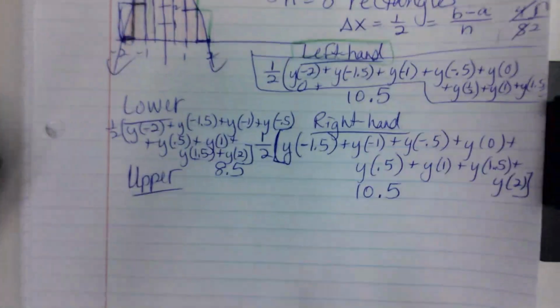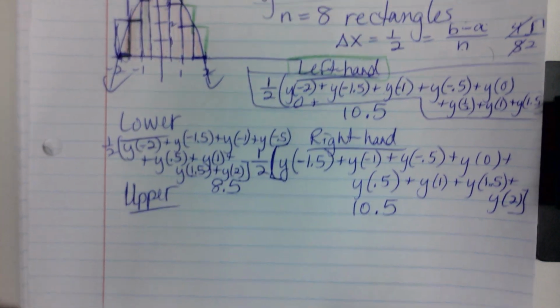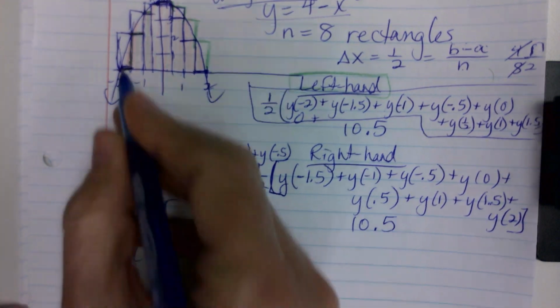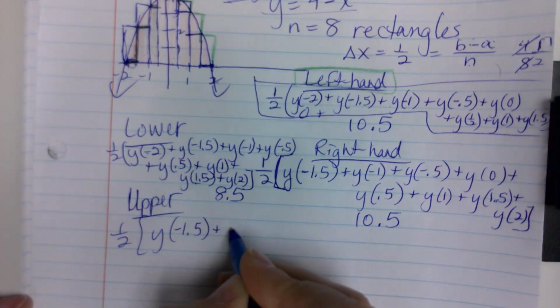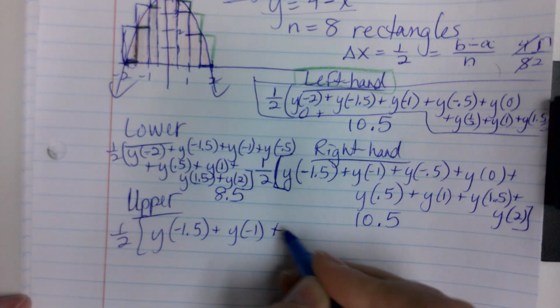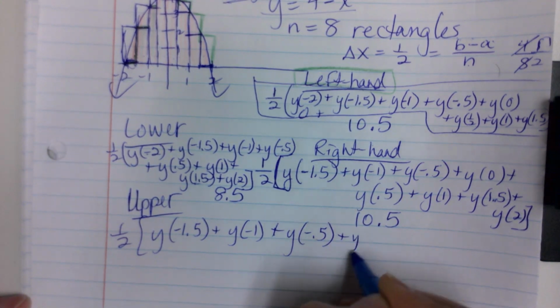What are they going to do for the upper one? The opposite. They're going to start not y of -2, but y of -1.5, -1, -0.5, y of 0.